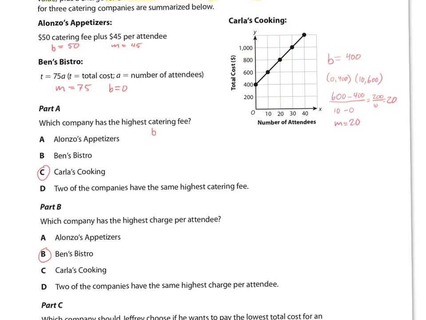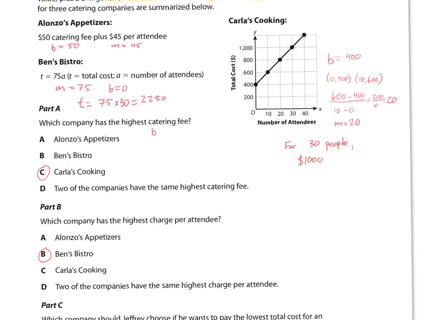So for 30 people, for Carla, it is going to be $1,000. Now, if you're paying attention to Ben's Bistro, the only thing you need to do is multiply 75 times 30. So the total cost is going to be 75 times 30. That's going to be equal to 2,250.